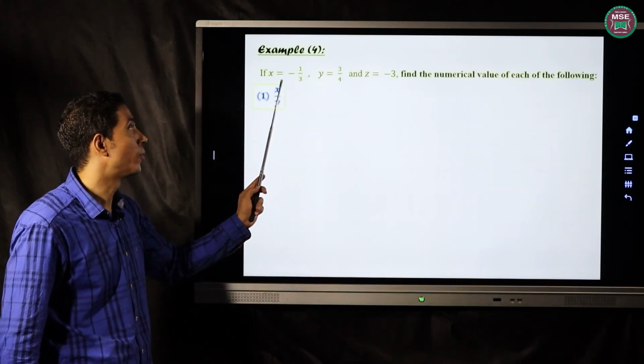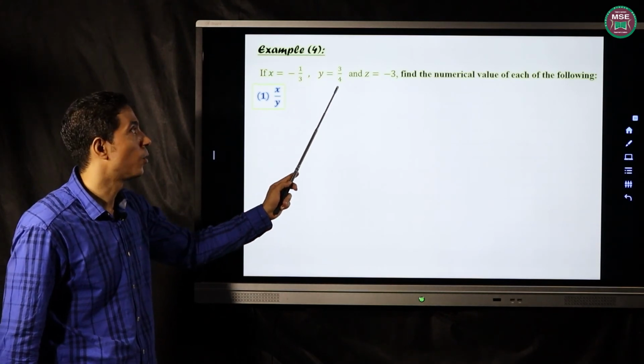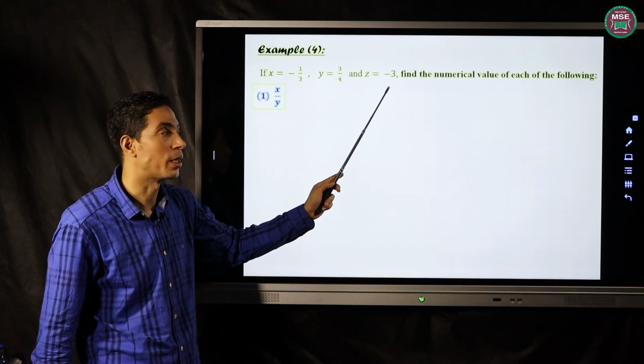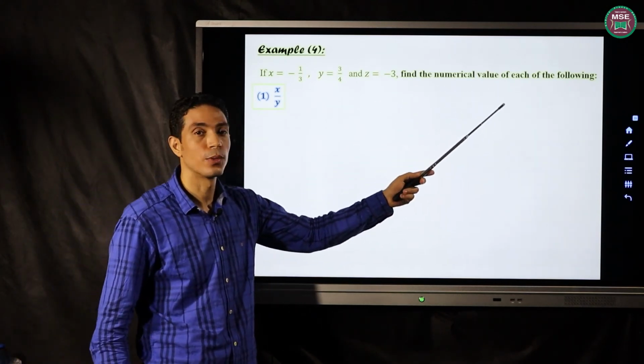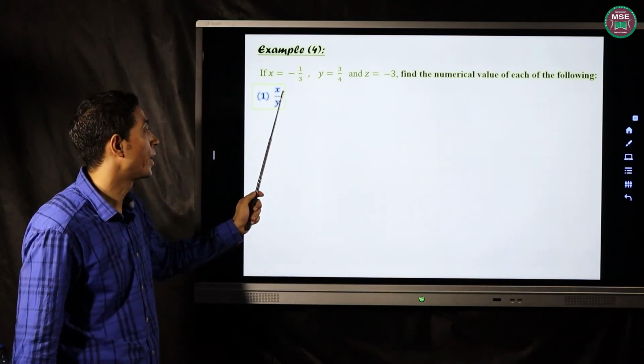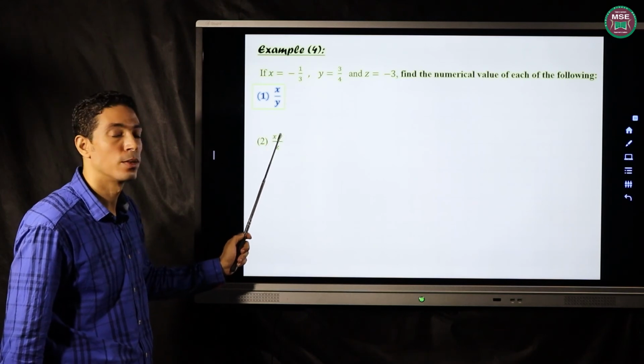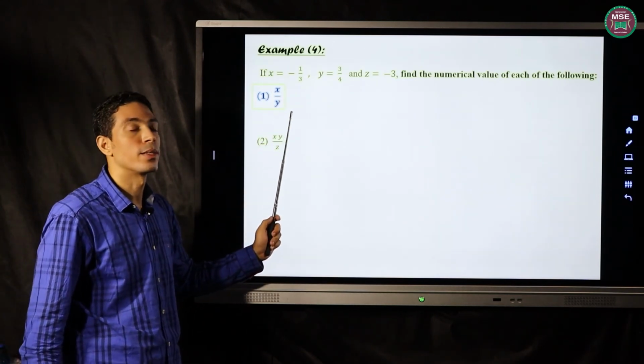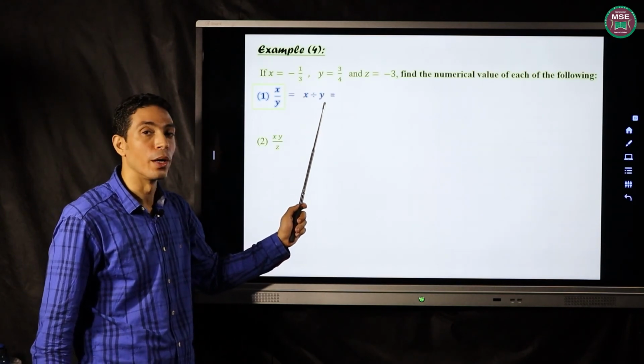Example number 4: if x equals negative 1 over 3, y equals 3 over 4, and z equals negative 3, find the numerical value of each of the following. First, x over y, and second, x times y over z. X over y is the same as x divided by y.